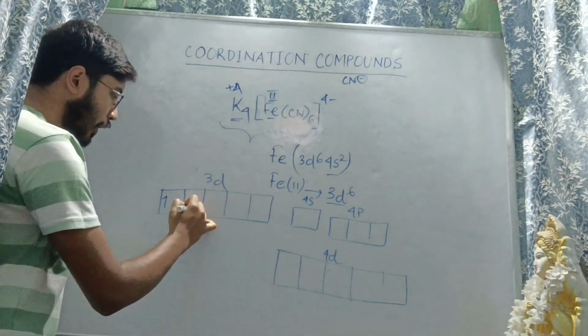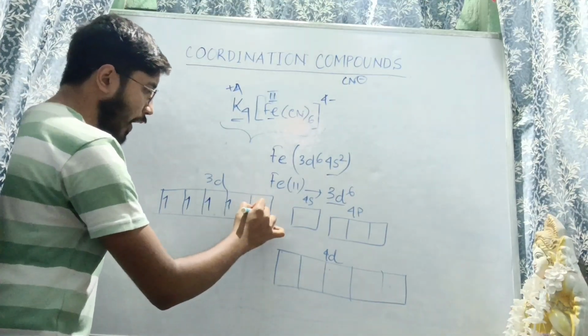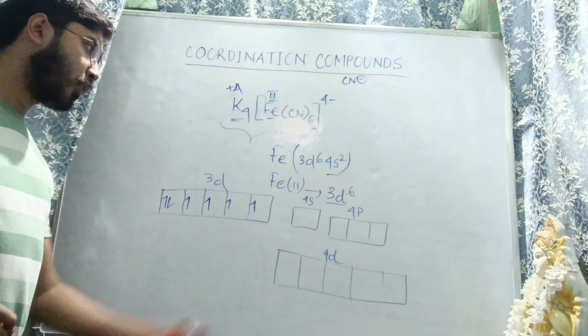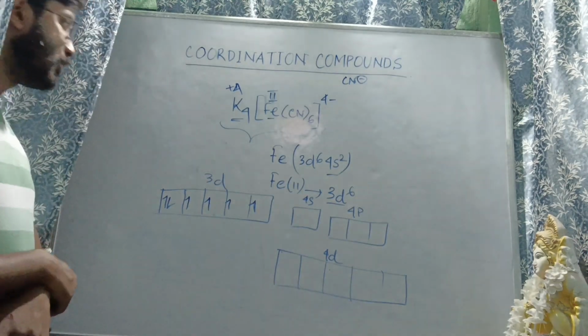Electrons are filled according to Hund's rule, so 1, 2, 3, 4 and 5, and the 6th electron pairs up. And 4s, 4p as well as 4d orbitals are vacant.